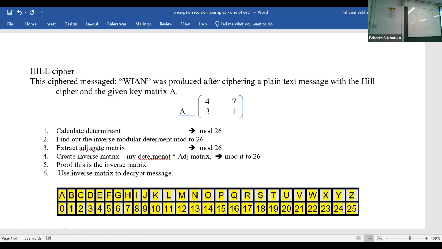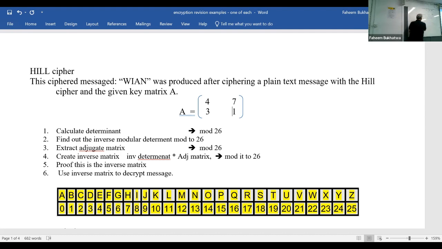Now, this is the determinant for that matrix. There's a table to follow, or you can use this method. For example, for 9, we multiply 9 times 1, 9 times 3, 9 times 5, 9 times 7, and each time we take it mod 26 until we have a remainder of 1.